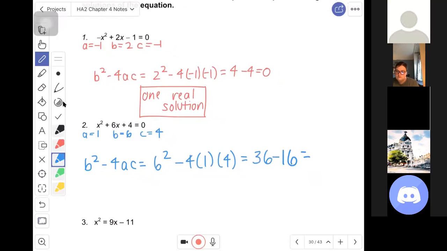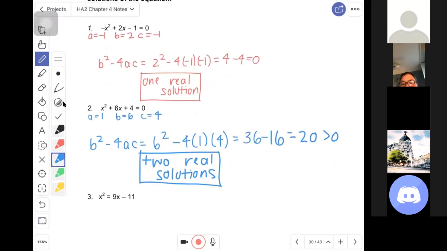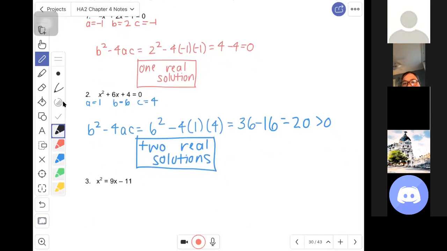And 36 minus 16 gives us? 20. Yeah. So what type of solution are we going to have for 2? 2 real solutions. Yeah. Because 20 is greater than 0. And we know we can take the square root of a 20. It's real. That'll be a real decimal. Good.